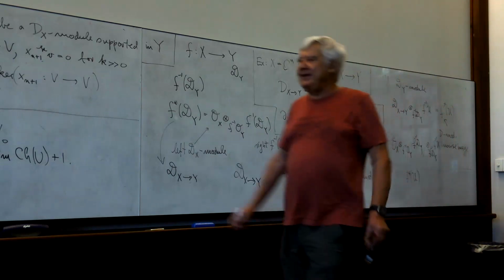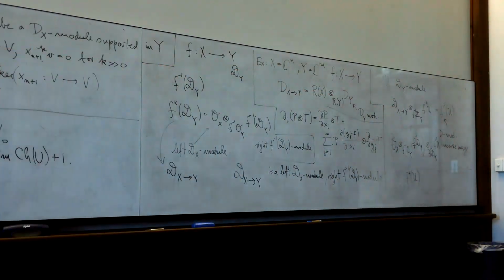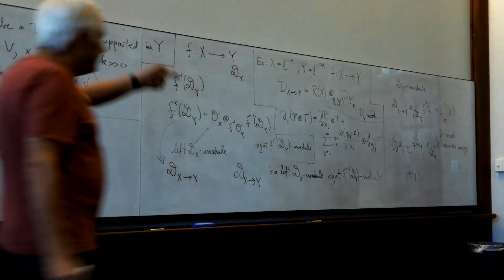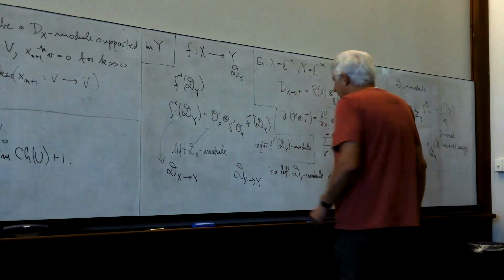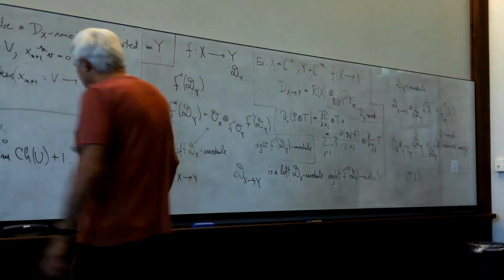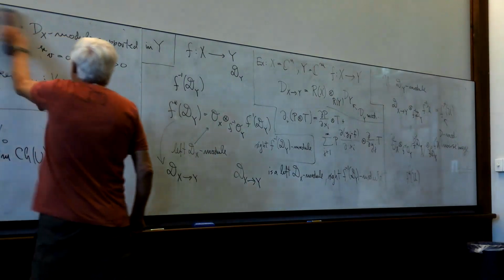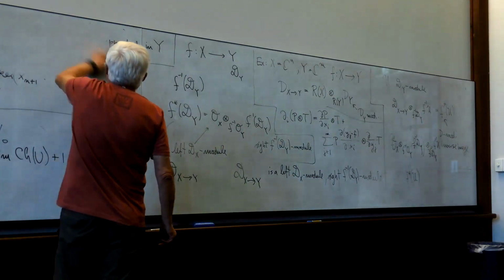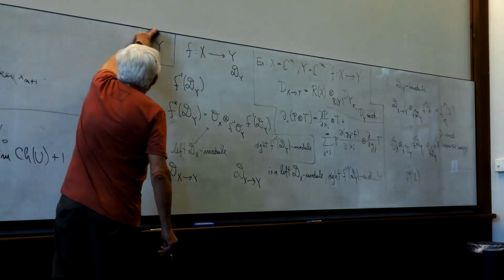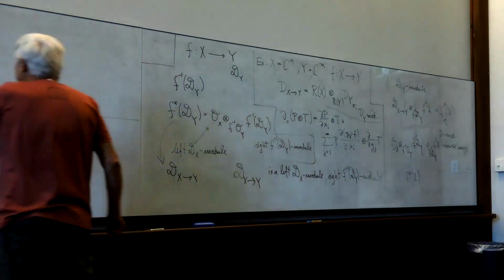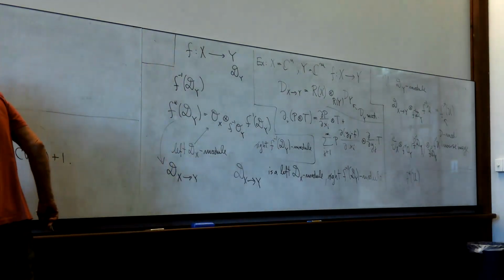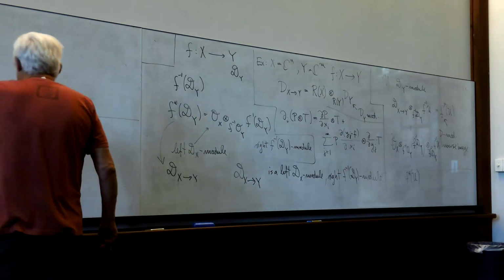So here, nothing exciting happens, except that this bimodule gives you the natural action of the inverse. But in the case of direct image, things will go really bad. And this is the main point.